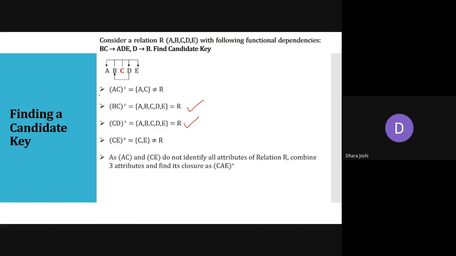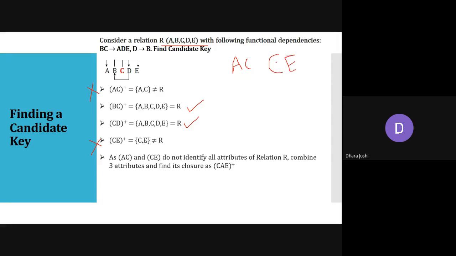As AC and CE do not identify all the attributes of the relation given here, we combine three attributes. These two can be a part, but now we're going to combine three attributes. That means A, C cannot identify the entire relation, and C, E also cannot.